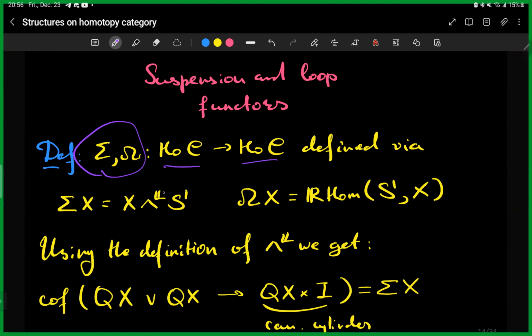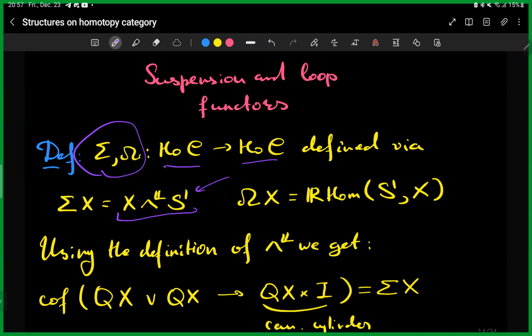Of course, in a pointed model category, instead of the product or tensor product, we have the smash product, and instead of hom, we still have hom. So Sigma X, the suspension, is defined as the derived smash product of this object with the simplicial set which represents the circle. It can be the minimal circle or something homotopy equivalent.